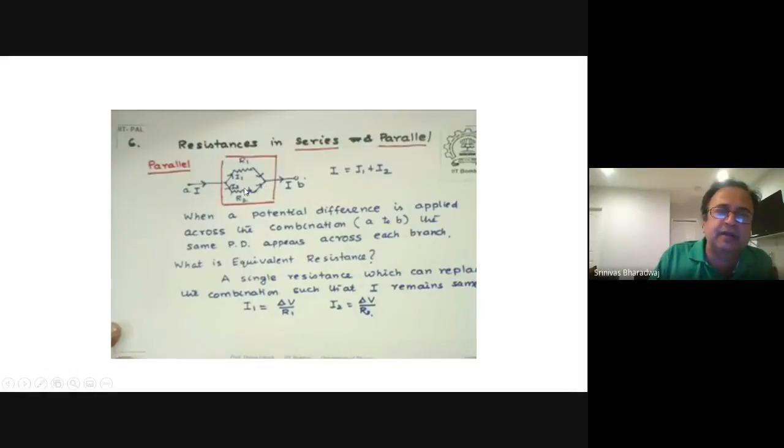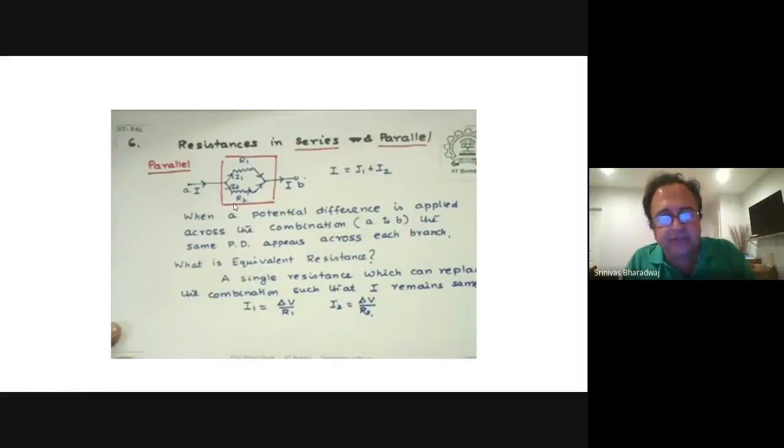These are two resistors connected parallelly, right? V divided by R1, right, is I1. V divided by R2 is I2.